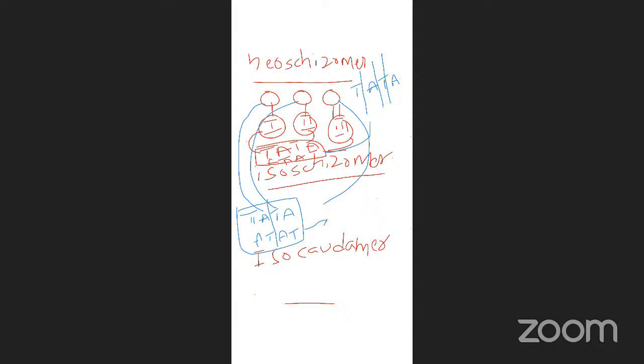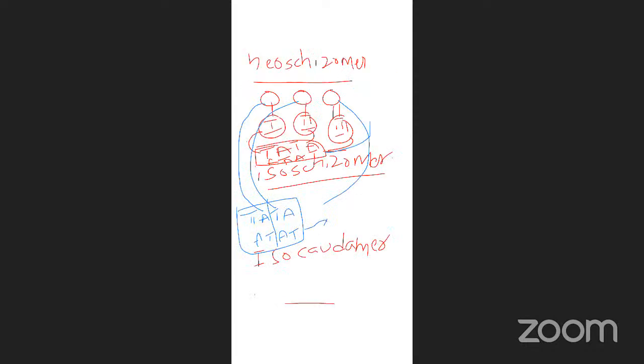Here, first of all, for example, neoschizomer. In neoschizomer, what happened here? Writing about the first type of enzyme: it only cuts this region, TA.